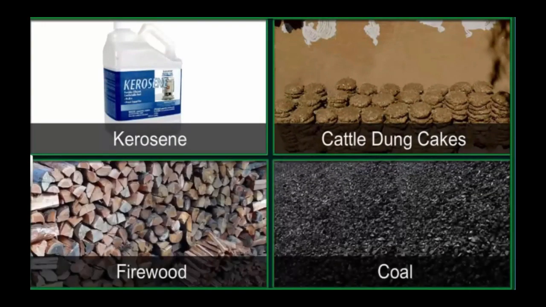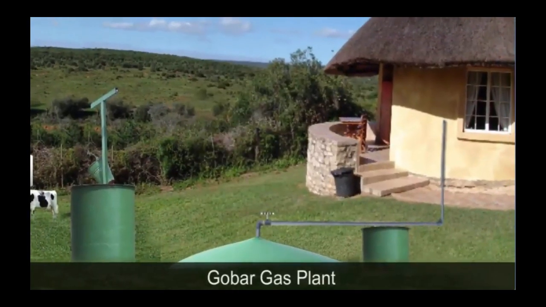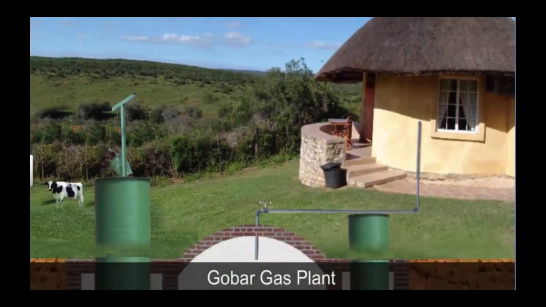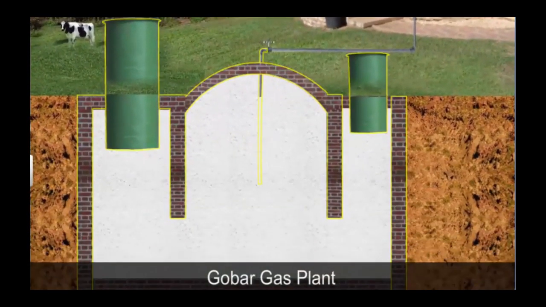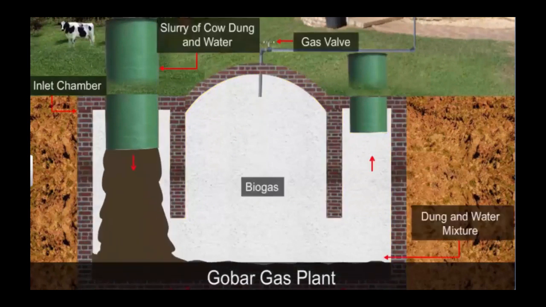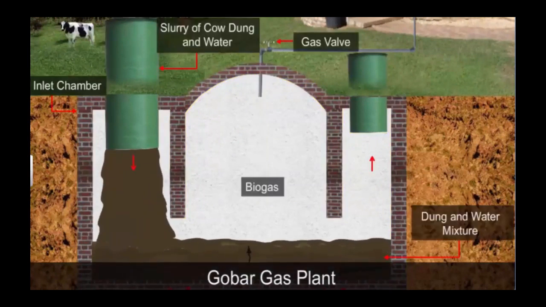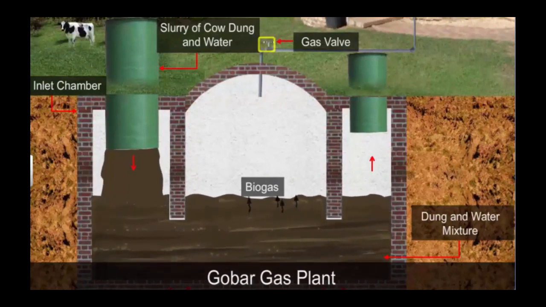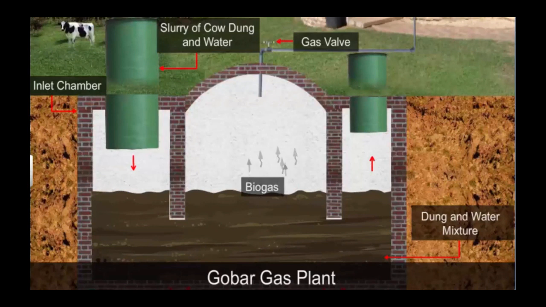Biogas plants that operate on animal waste are called gobar gas plants in India. They not only provide an efficient alternative source of energy and better manure for fields, but also conserve our forest by reducing the demand for firewood.